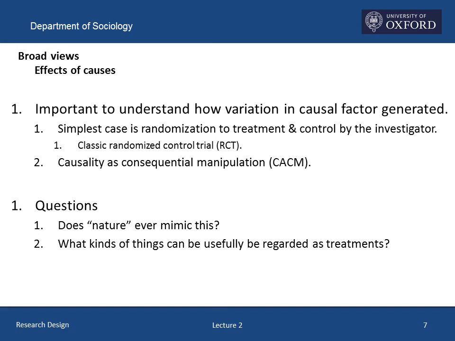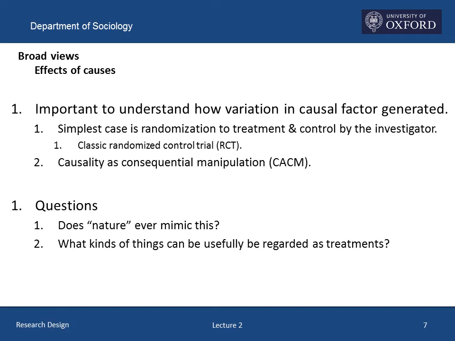In the effects of causes approach, a lot of emphasis is put on gaining a good understanding of how variation is generated in the causal factor under investigation. The simplest case to consider is randomization to treatment and control conditions by an investigator, for example, in a randomized control trial, or RCT.